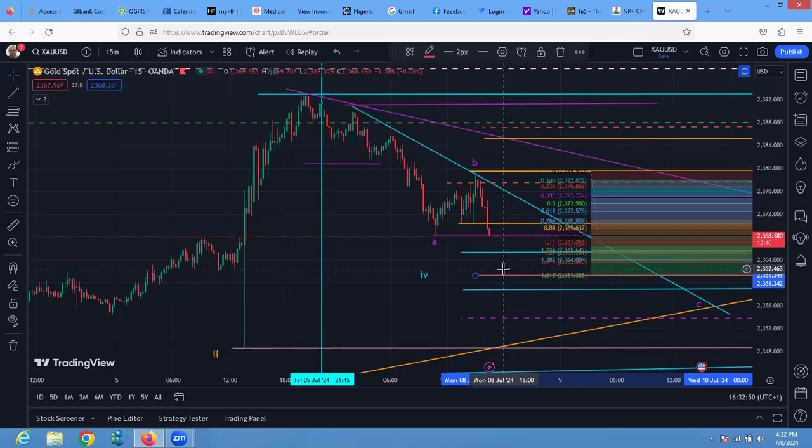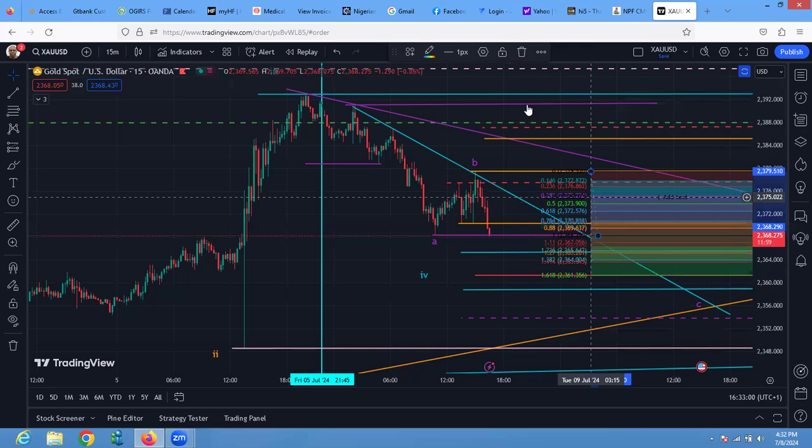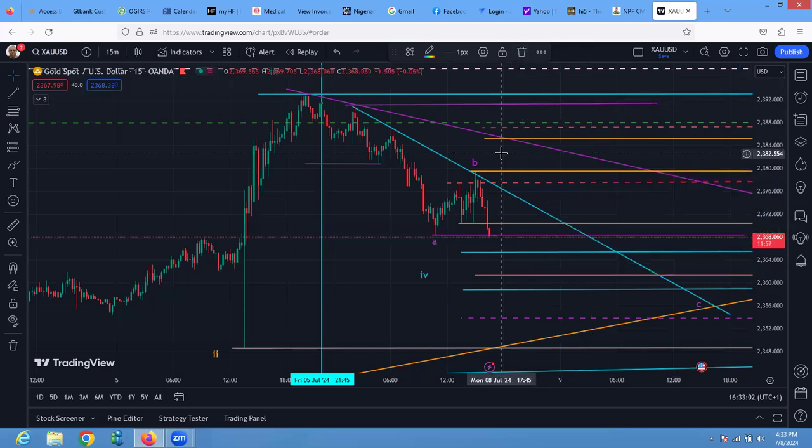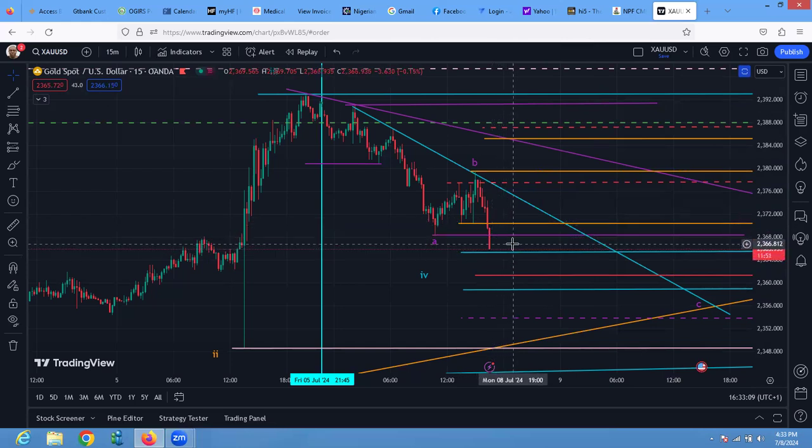The area of 61.8 here clicks with about 123 or 127. So that might just be an area where we may still have the fifth wave push up. If price doesn't break this to the downside, then we might likely be going up.